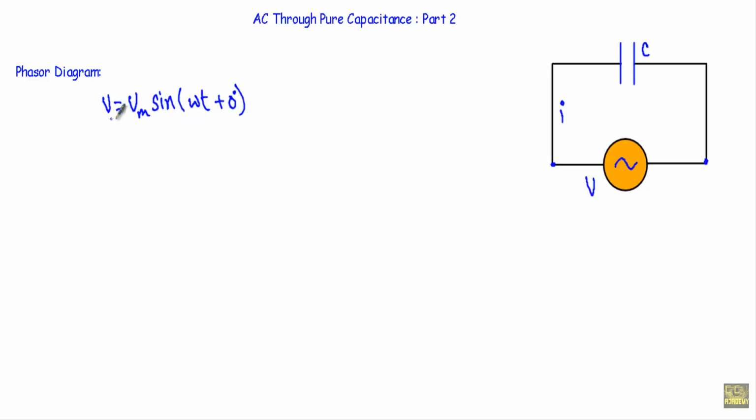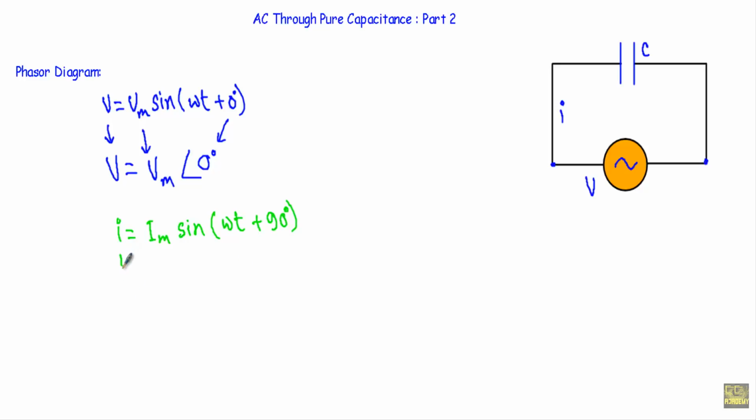See here, I will apply V equal to Vm sin omega t plus 0 degree. To draw the phasor diagram, at first I have to write this equation in phasor form. Therefore, I will take the amplitude Vm and initial angle 0 degree. In a pure capacitor, our alternating current I is equal to Im sin omega t plus 90 degree.